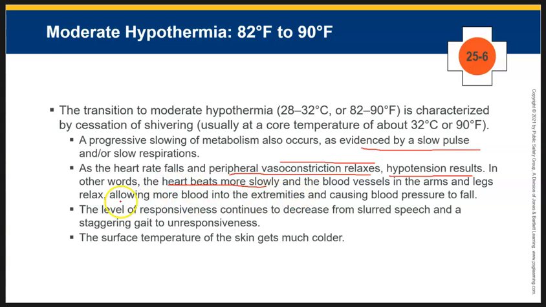The blood vessels are starting to relax and open up again, so consequently, the blood pressure will drop. These are the things that we see that are sometimes called the umbles. We get mumbles, we get bumbles or ataxia, and we get umbles, we get unresponsiveness as well. The surface temperature of the skin is getting colder.